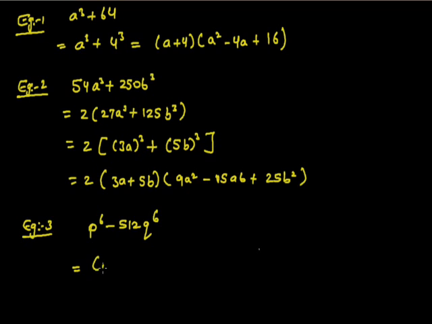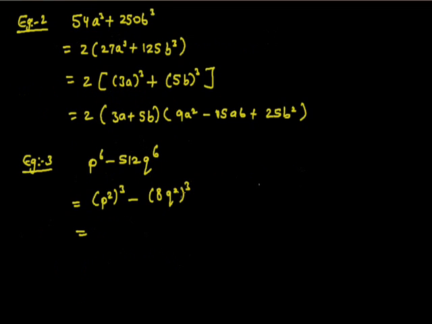So we can write it as p square whole cube minus 8q square whole cube, because 512 is actually the cube of 8, and we have written q6 as q square whole cube. So it is actually 512 q6.